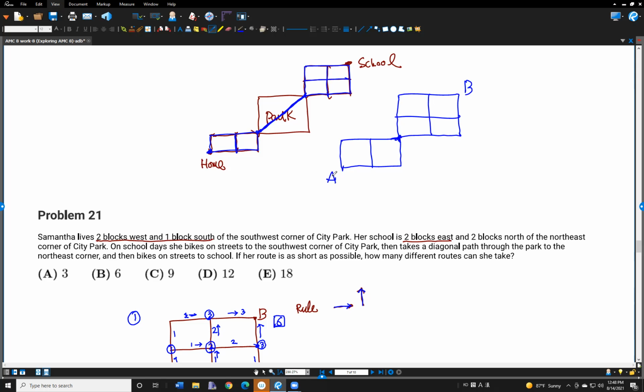Okay, so now let's find out. From A to B, how many different paths using the numbers? Okay, go ahead.